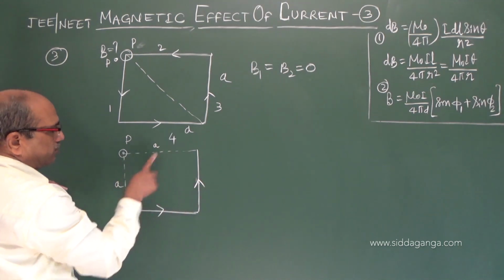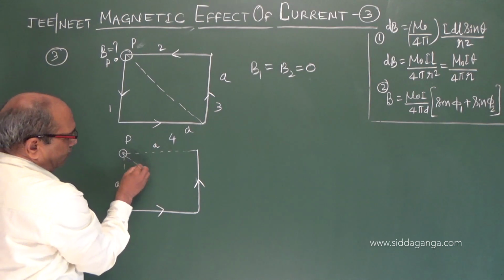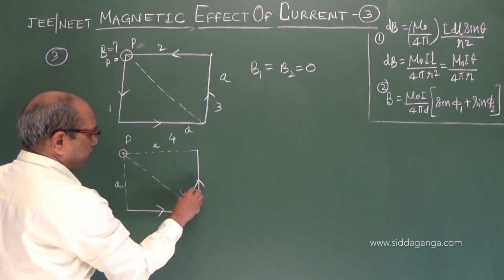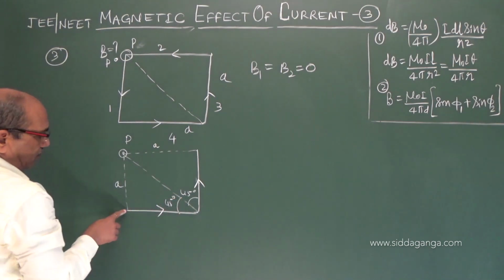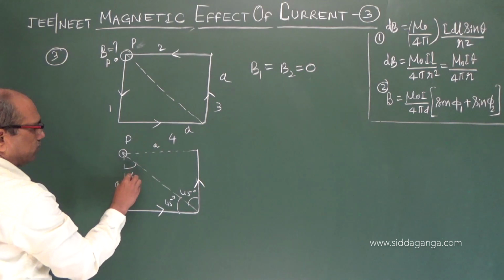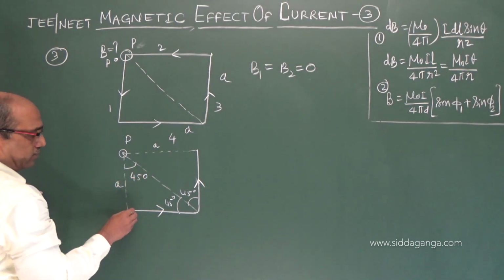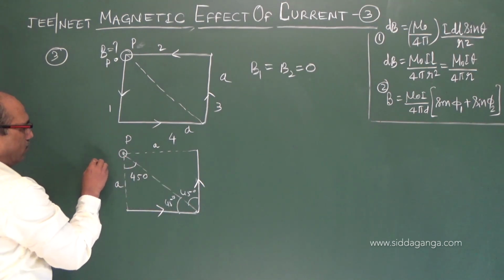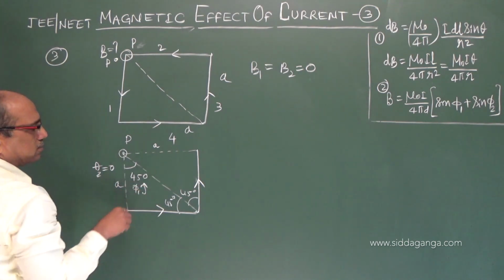The magnitude comes the same, but one thing: at the point, one end of any wire you take makes an angle of 45 degrees, and this also makes 45 degrees. This is 45, this 90, therefore the angle is 45 degrees. And this end is almost at the end, therefore phi 2 is 0, phi 1 you got this.